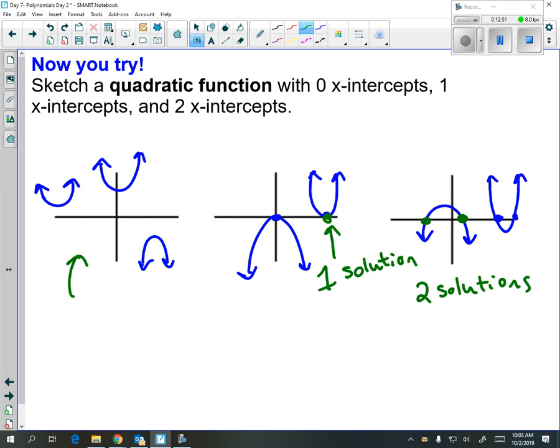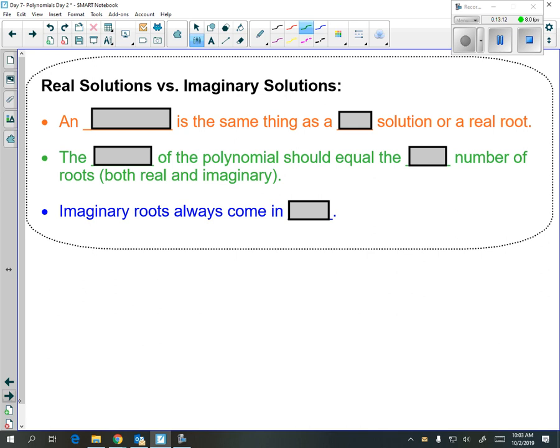Here, I don't see any x-intercepts, no zeros, no roots, no real solutions. But I'm going to say that it still has solutions. You just can't see it on the graph. And that brings us into real solutions versus imaginary solutions.